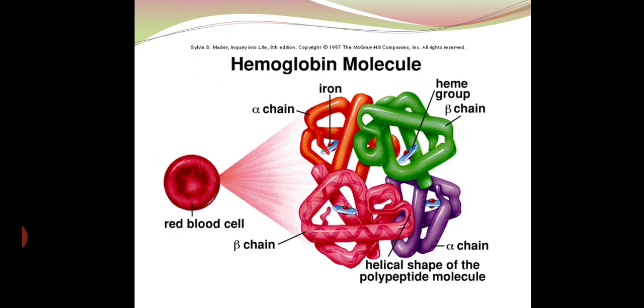It contains two alpha chains, two beta chains, and four iron molecules. This is the helical shape of the polypeptide molecule, the structure of a hemoglobin molecule.